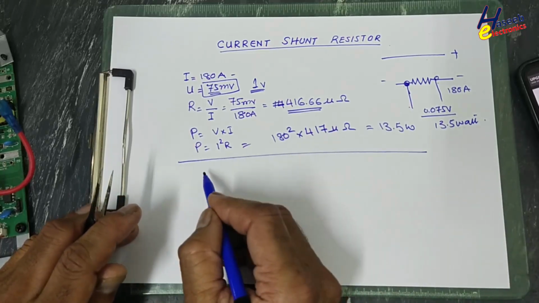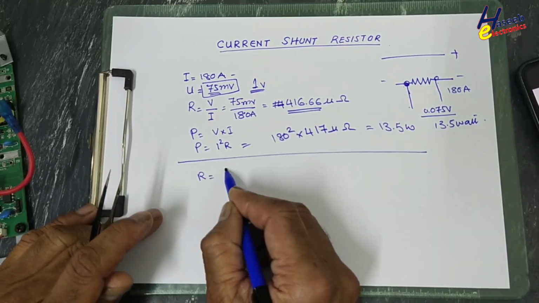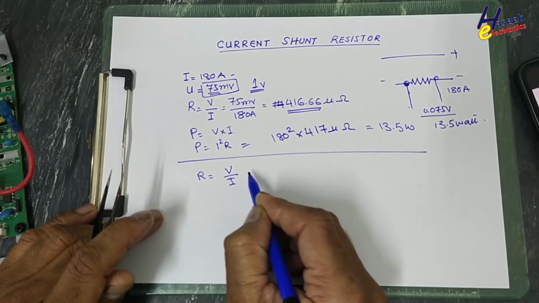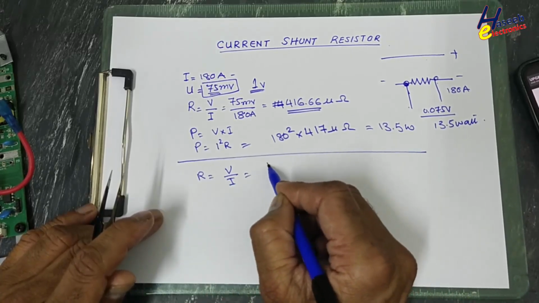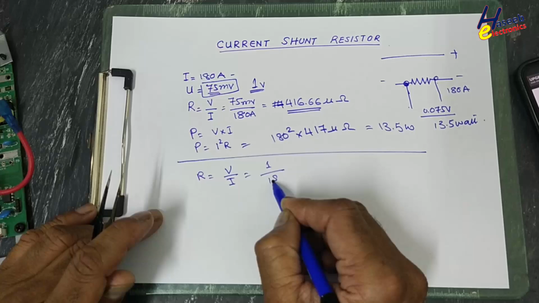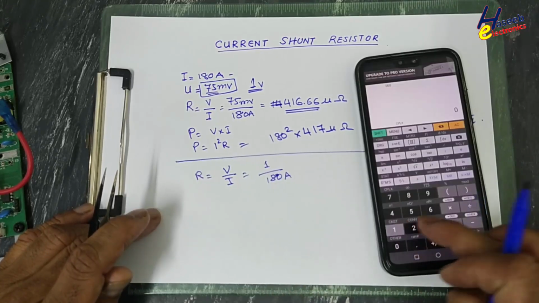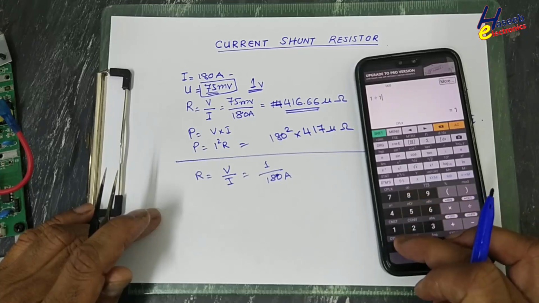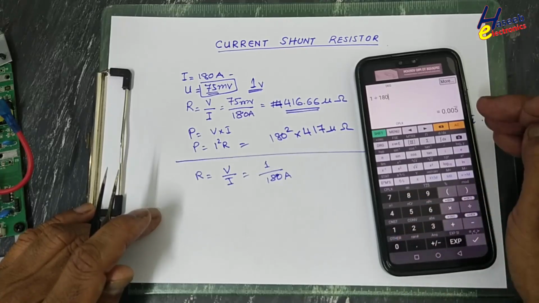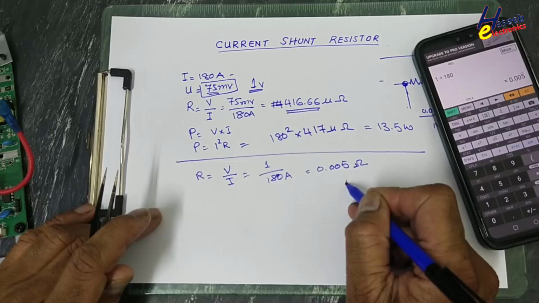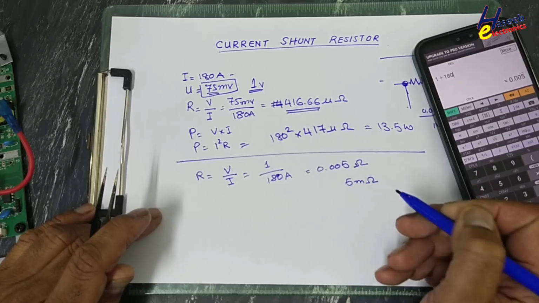Let's see that condition. R is equal to V over I. Let's suppose the voltage is 1 volt and the current is 180 ampere. 1 divided by 180 is 0.005, or 5 milliohms.